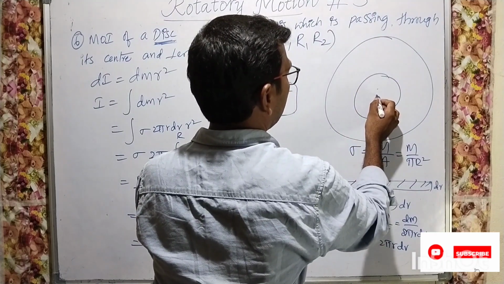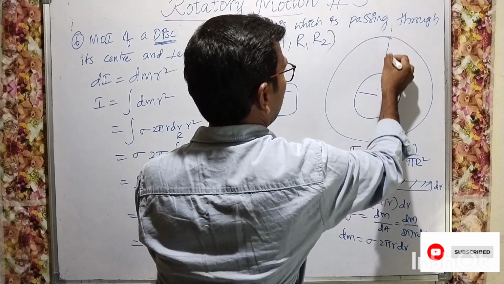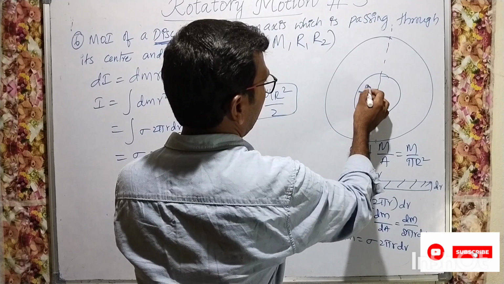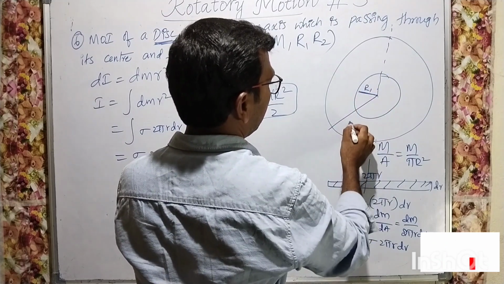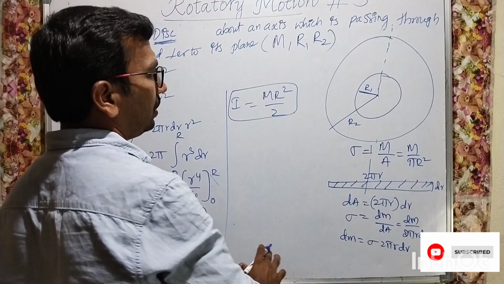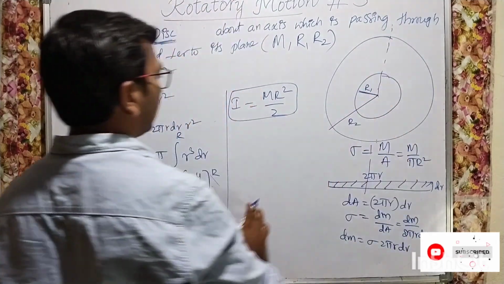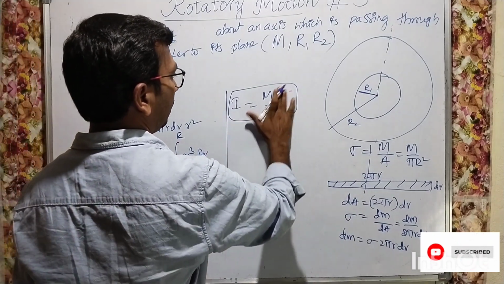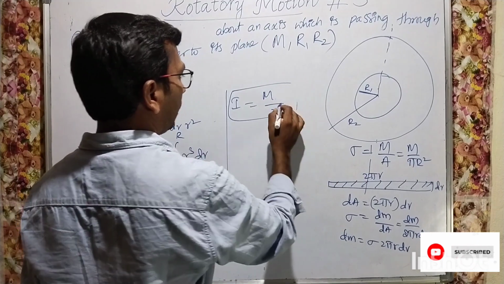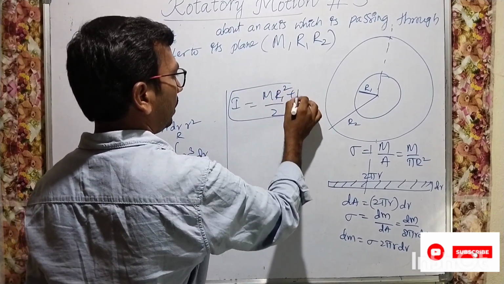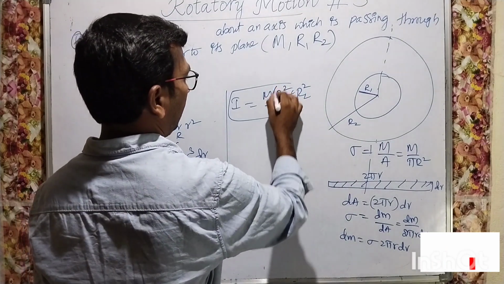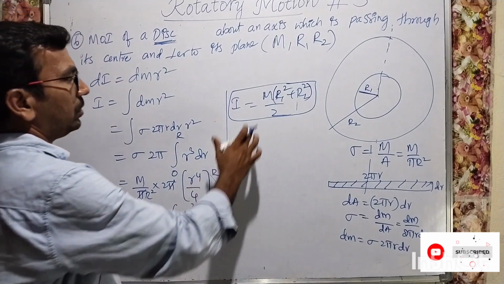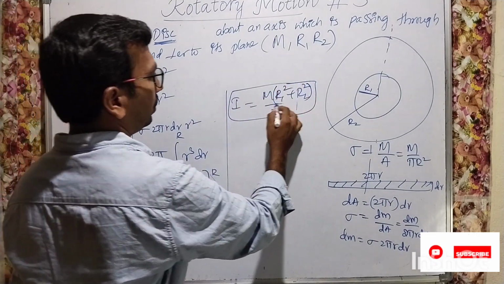So this is the axis of rotation. The inner radius is r1, and the outer radius is r2. Here you can consider a small disk element, and a similar process gives I = M(r1² + r2²)/2.